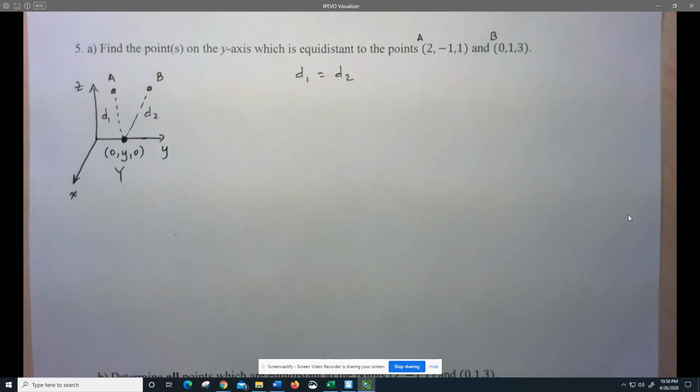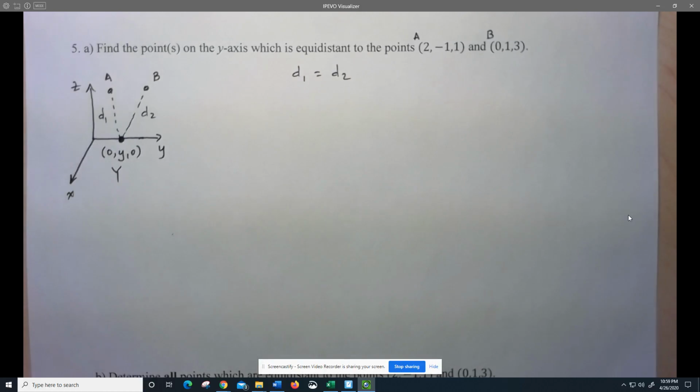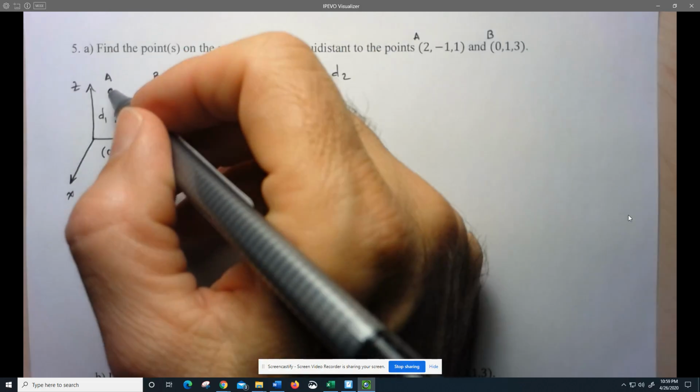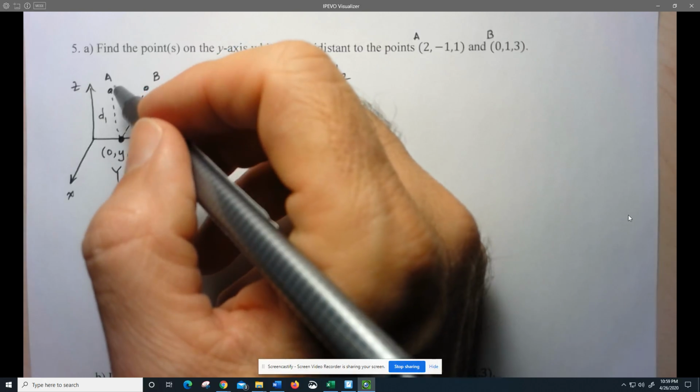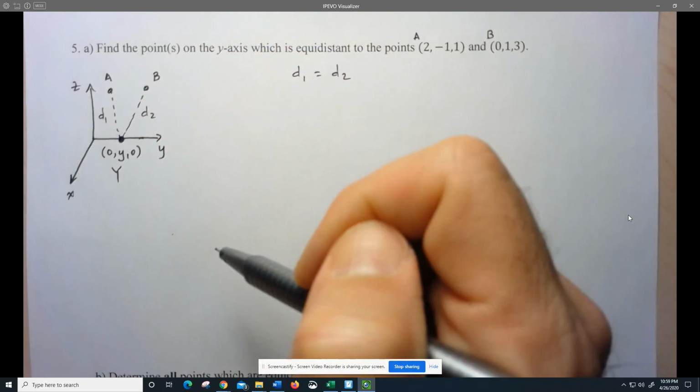Now the question is how do I find the distance between 2 points in R3? Well, I could try to come up with a formula, but I think we have a way of doing that, because I realize that the distance from A to B is the same as the magnitude of the vector joining these 2 points.